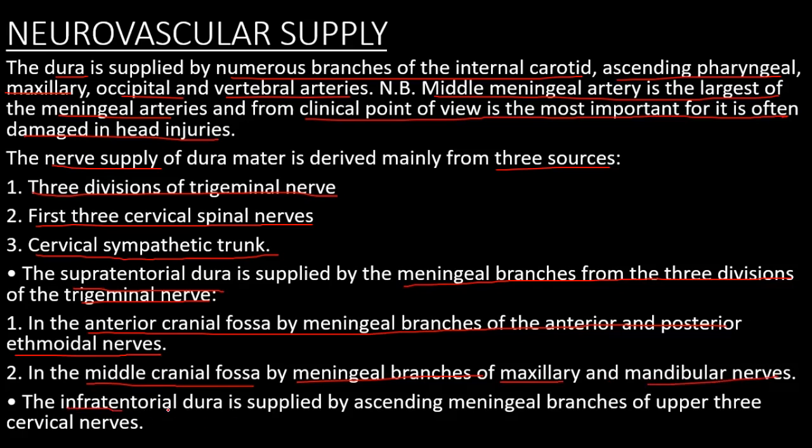Then the infratentorial dura, the dura which is found in the posterior cranial fossa below the tentorium cerebelli, is usually supplied by the ascending meningeal branches of the upper three cervical nerves. Okay, and this is important because if one has meningitis of the meninges in the posterior cranial fossa, the ascending branches of the upper three cervical nerves also supply the muscles of the neck.